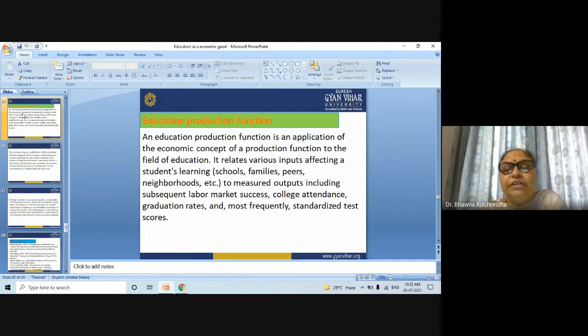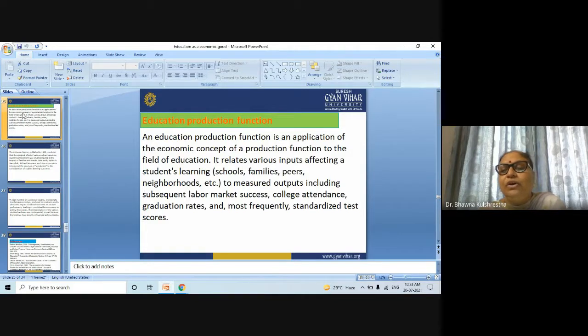It relates various inputs affecting a student's learning, such as schools, families, peers, neighborhoods, etc., to measured outputs, including subsequent labor market success, college attendance, graduation rates, and most frequently, standardized test scores.